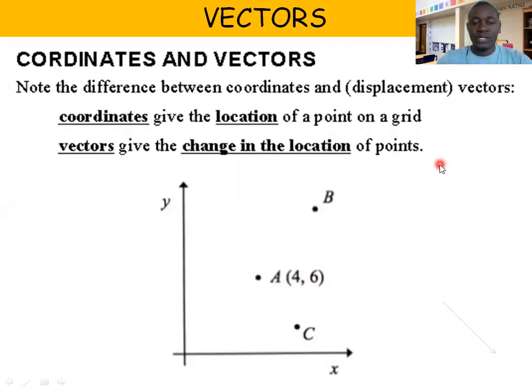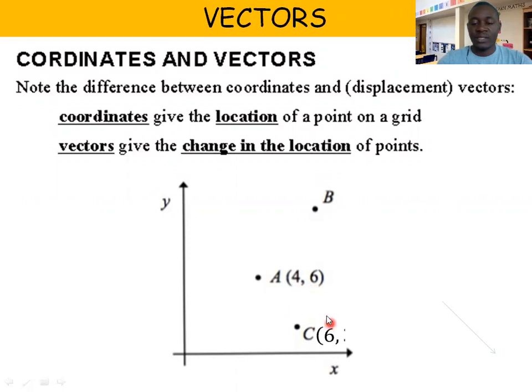A very quick look at the difference between coordinates and vectors. Coordinates show the location of a point on a grid. For example, you can see the point A. Its location is shown by 4, 6, which shows the x coordinate and the y coordinate, 4 for the x coordinate and 6 for the y coordinate.